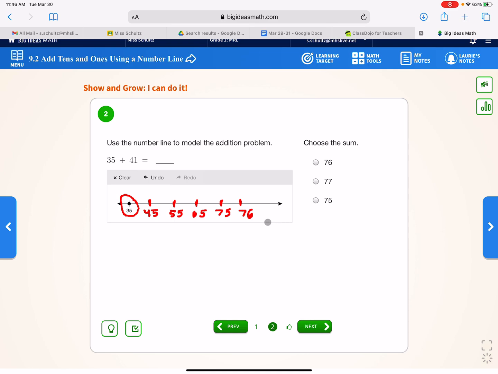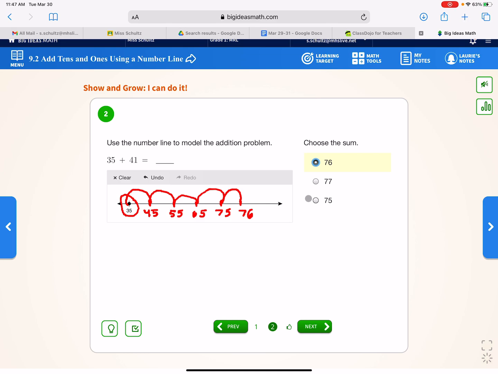Now that I've organized my number line, it is time to do the addition. We go up 4 times: 1, 2, 3, 4. And then I just go up by 1 because that's how many are in my ones place. So I have the number 76 as my answer.